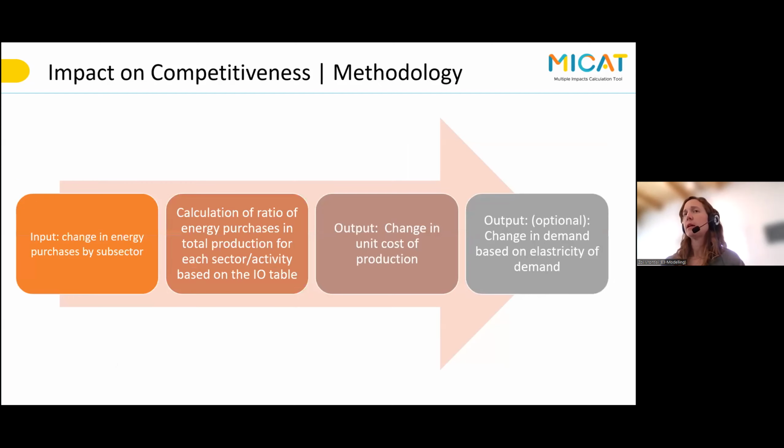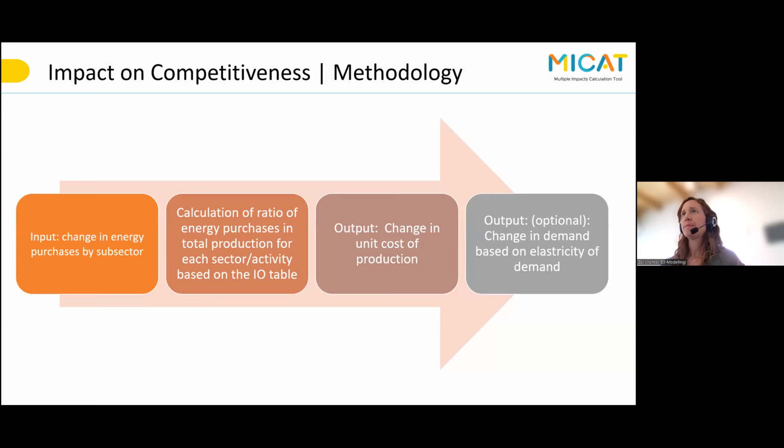And again, here the input this time is the change in the energy purchases by subsector, assuming that these energy efficiency measures have taken place. And then through the information of the ratio of energy purchases in the total cost of production, we can assess the change in the unit cost of production and potentially the change in demand based on the elasticity of demand.